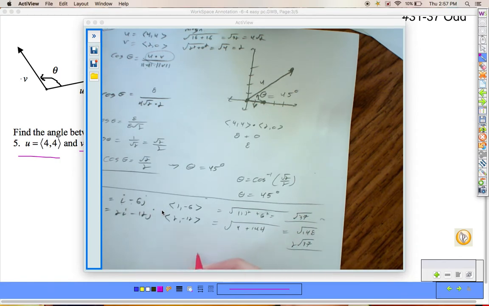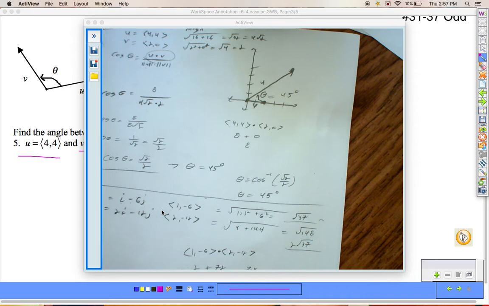Now I'm going to do my dot product, and I'm going to get 2 plus 72, which is 74.